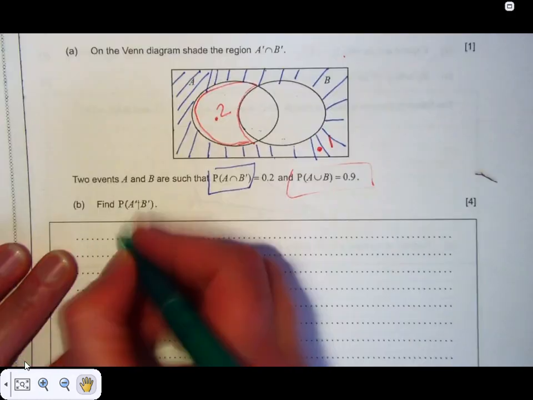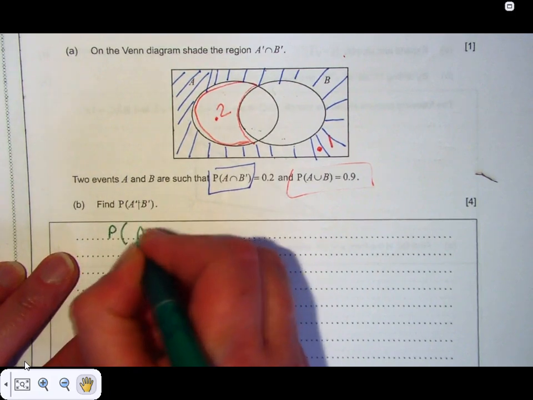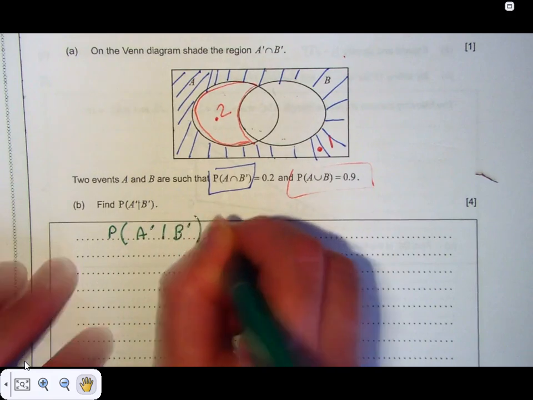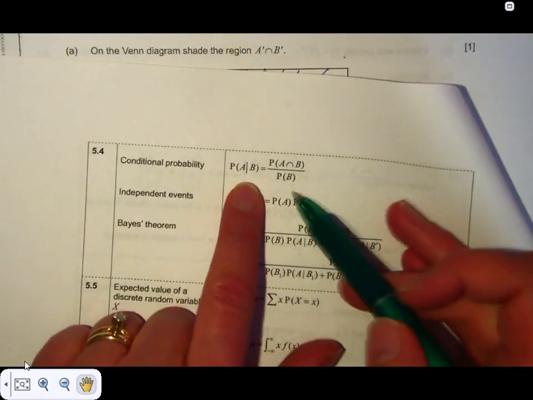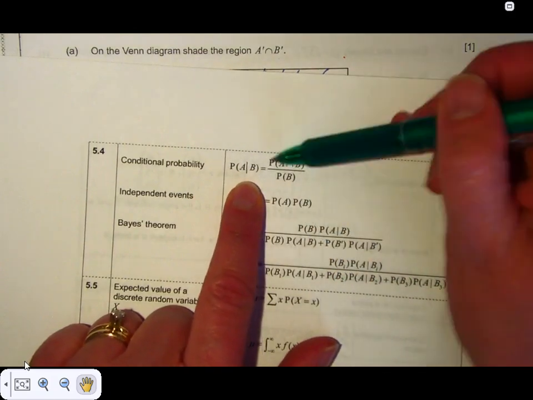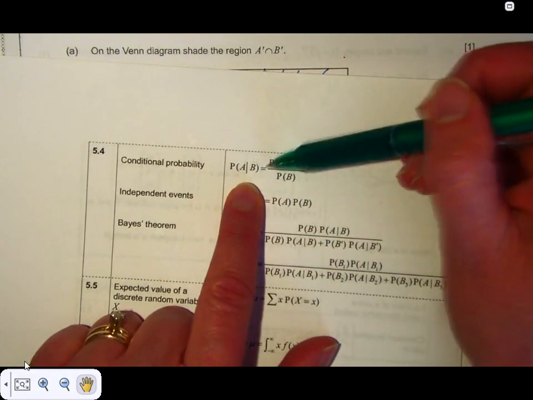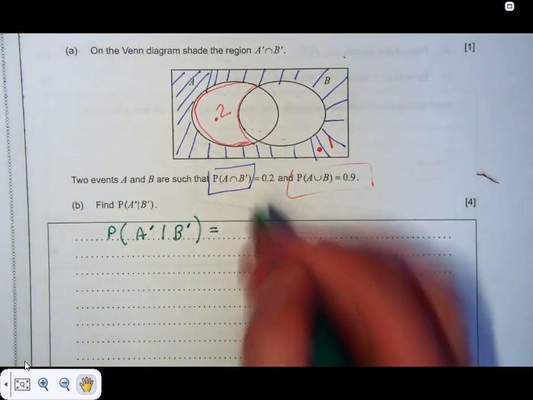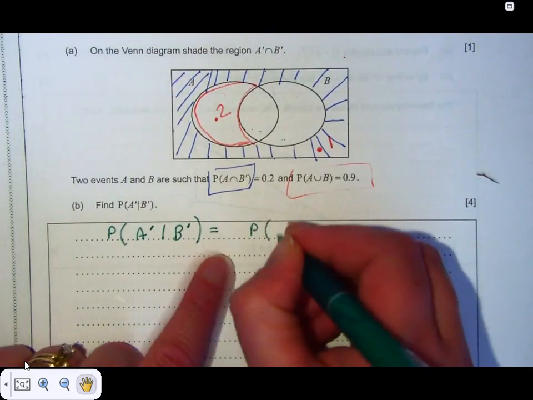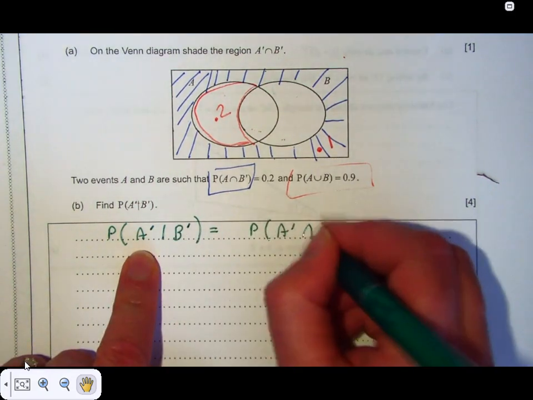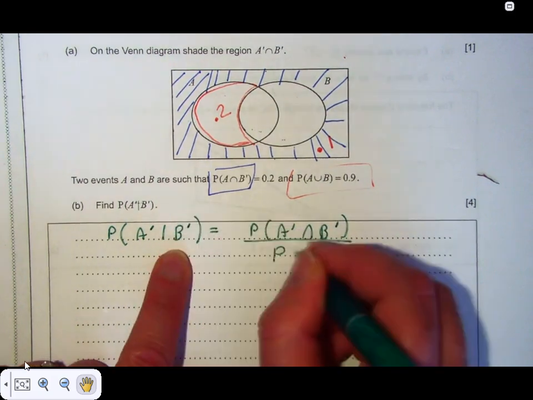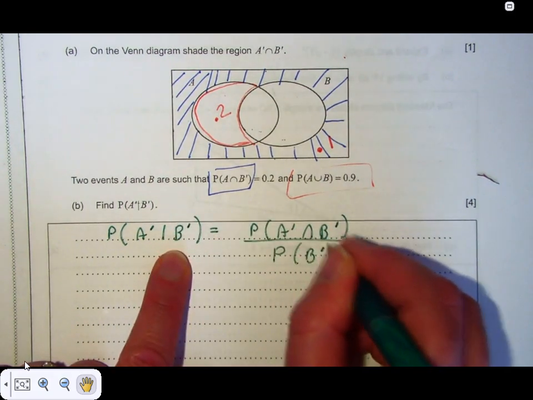Okay, and then it tells me to find a conditional probability. A prime given B prime. Well, that's on your formula sheet. A conditional probability, you take the intersection of the two things they give you over the given. It's the probability of the intersection of these two over the probability of whatever the last part is, the given that.